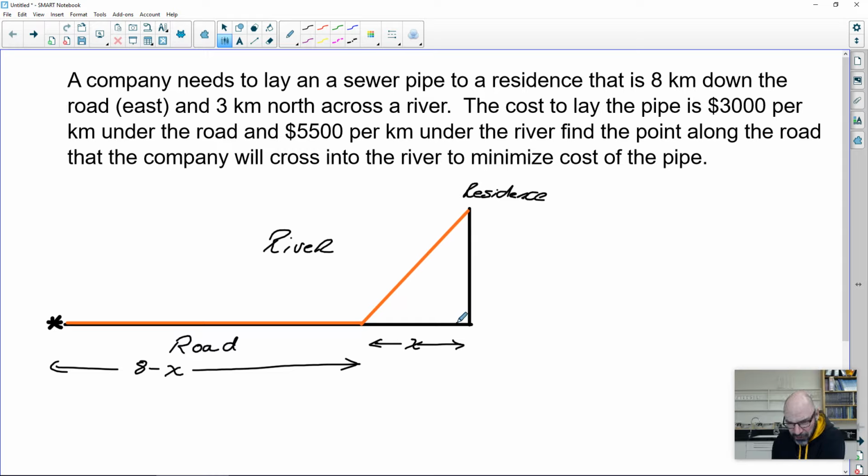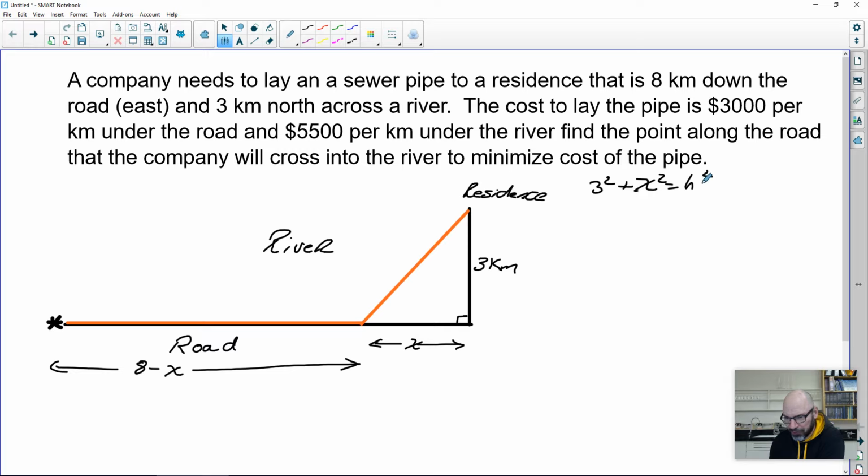You're not going to lay it in this corner, so you have to find out what this distance is. And we can do that by using the Pythagorean theorem. Now we know that this is 3 kilometers across the river here, and we define this as X. So 3 squared plus X squared equals the hypotenuse squared.